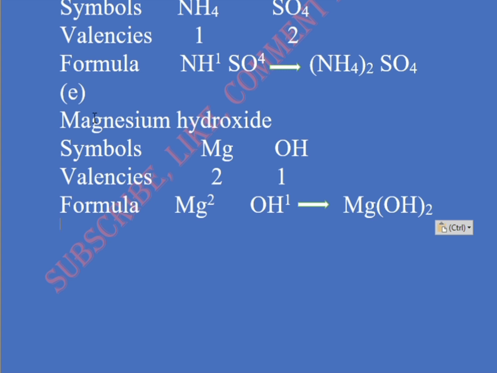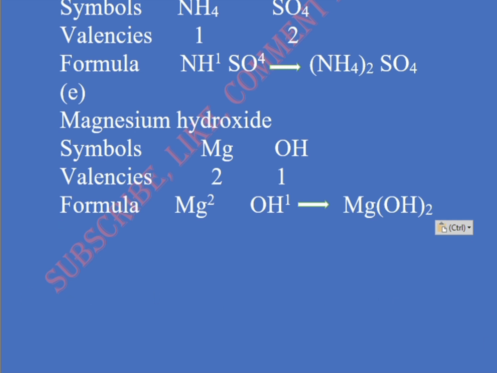Then another example here, we have magnesium hydroxide. That's our last example. Magnesium hydroxide. We have magnesium as the element, hydroxide as a radical.